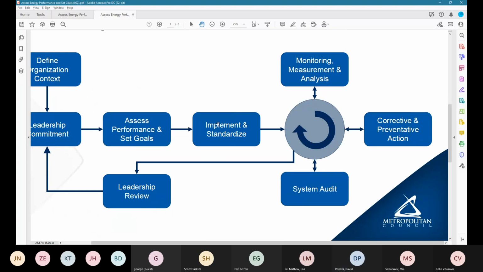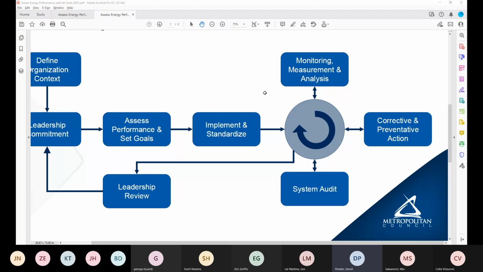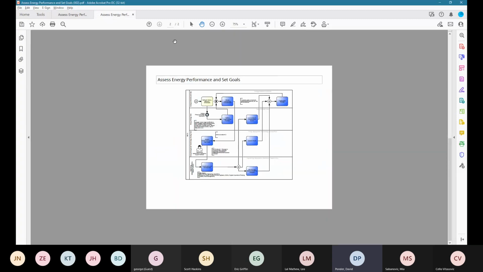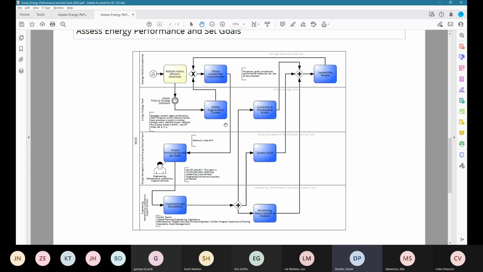Here, right, where you've implemented, you're measuring your performance, and then the idea is, if you've put a measure in place and something starts to drift or deviate, then you get this corrective preventative action step, right? And you would go out and you would correct that.